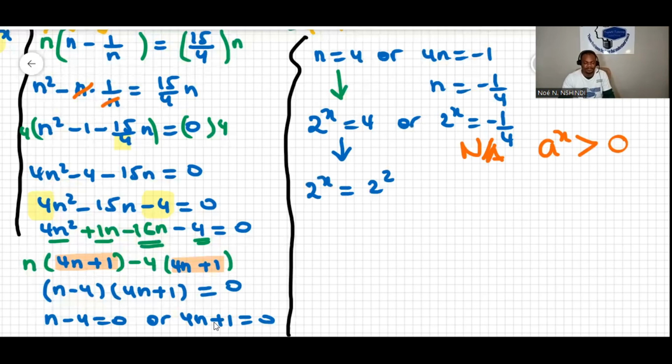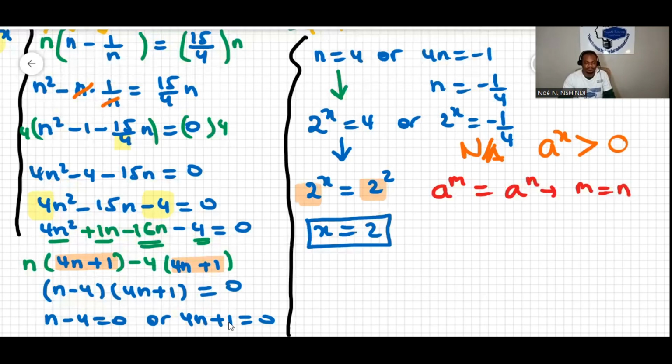Okay, and then we do have the same bases here. So what we do in this situation, according to the law of exponents, is if a to the m equal to a to the n, then m equal n. So this means that x equal to 2. So that's the value of x in the question. Thank you.